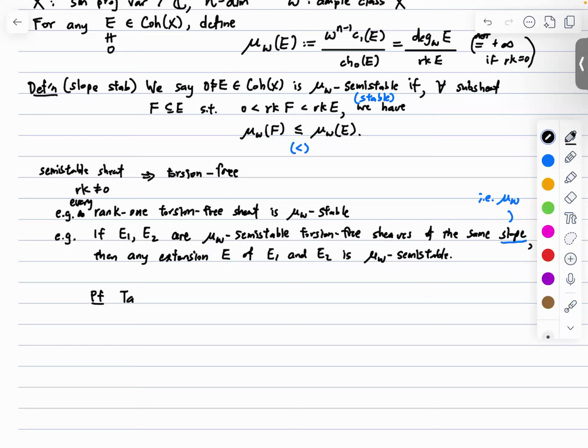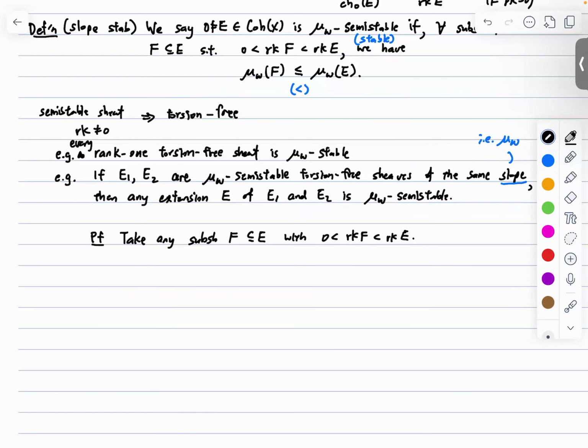So let's take any subsheaf F of E with rank strictly between 0 and the rank of E.